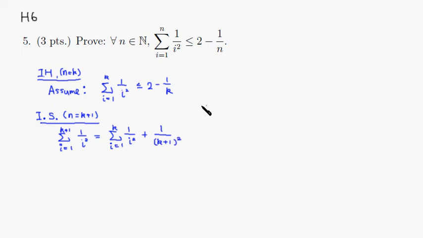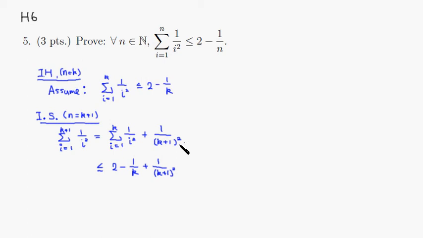Using the induction hypothesis, we can replace this summation by 2 minus 1 over k, plus 1 over quantity k plus 1 squared.